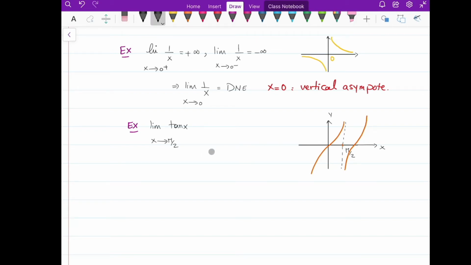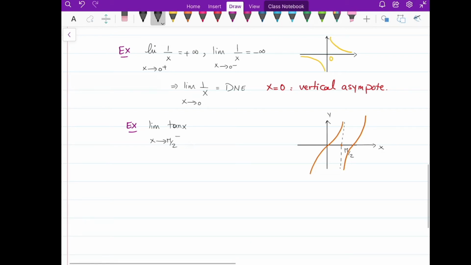X, okay. When x approaches pi over 2 from the right, from here, you see that the value of the function is at negative infinity. And the limit of tan of x as x approaches pi over 2 from the left, from values that are less than pi over 2, is positive infinity.